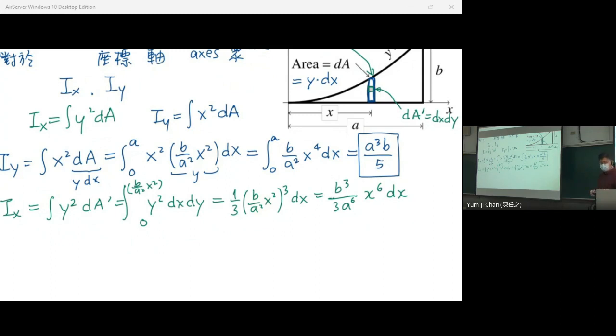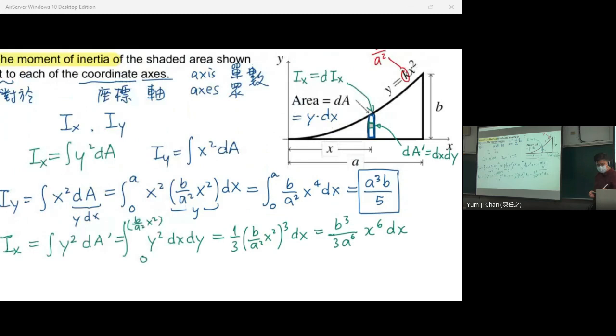So we know the moment of inertia of this small stripe. And let me ask a question. If this stripe moves to here and the height is the same, what is the moment of inertia Ix?